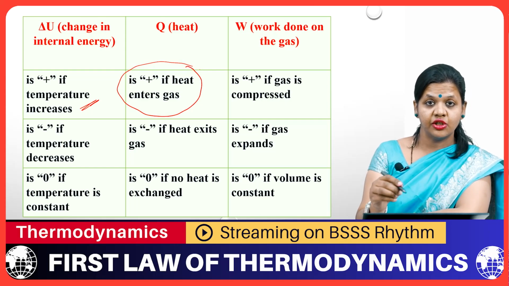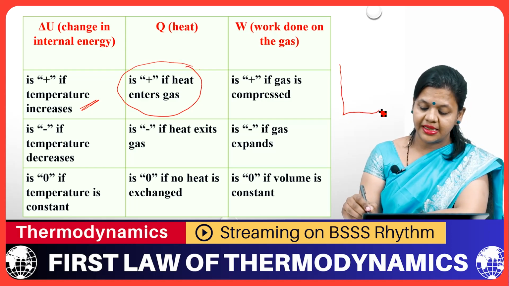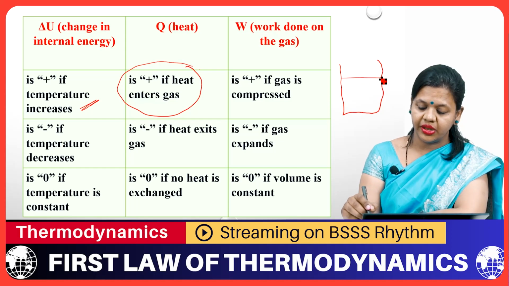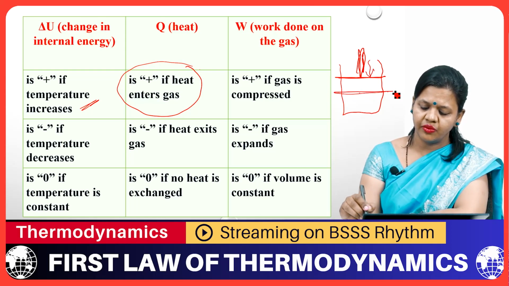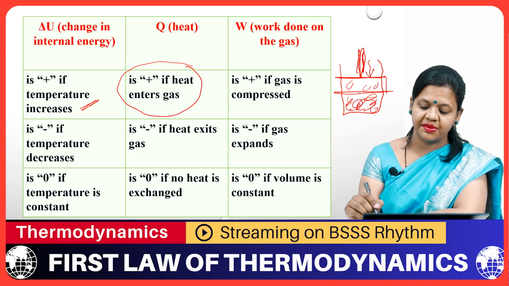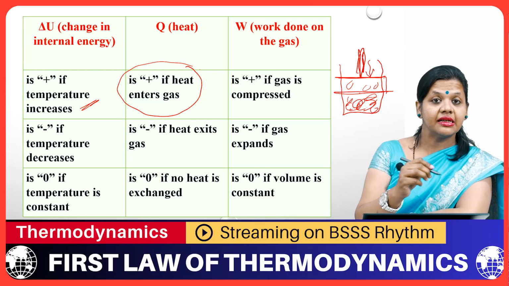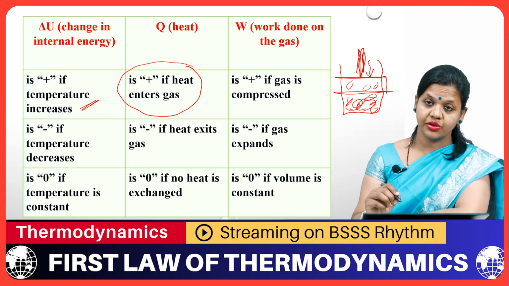For example, I take a piston filled with gas, a cylinder, and apply pressure from the top. So, the piston will move down, and doing this, what is happening? The gas molecules which were filled over here get compressed in a small space, due to which the heat of the system is increasing, and so the internal energy of the system is also increasing.